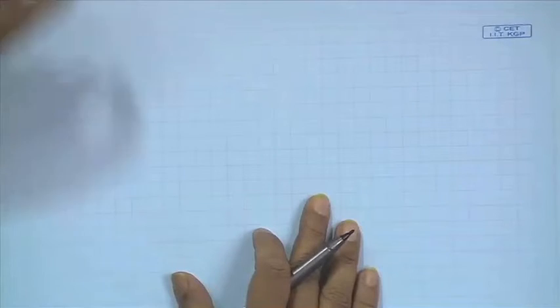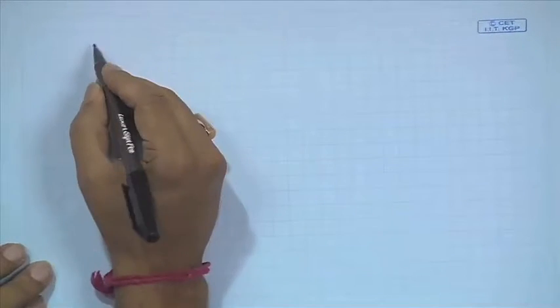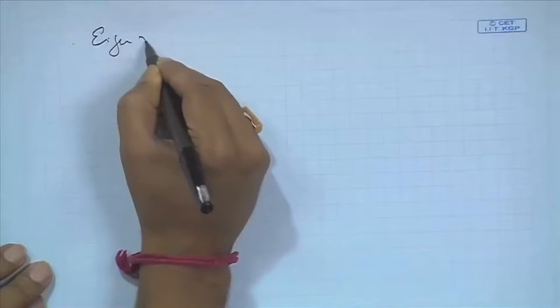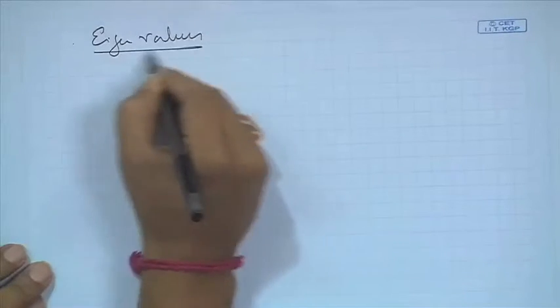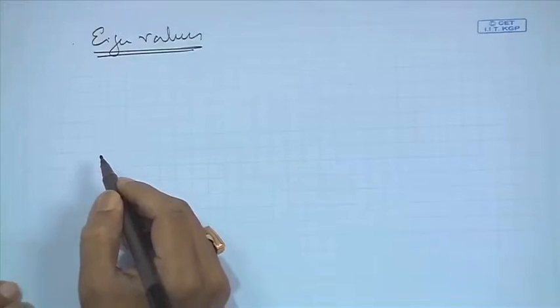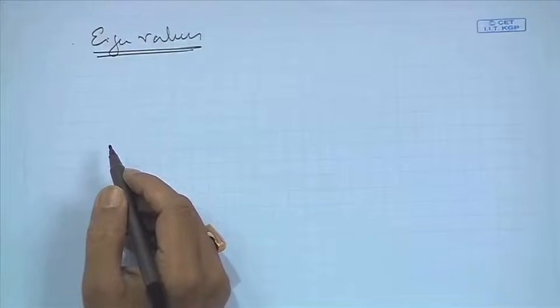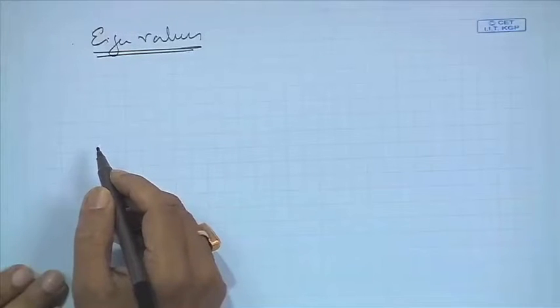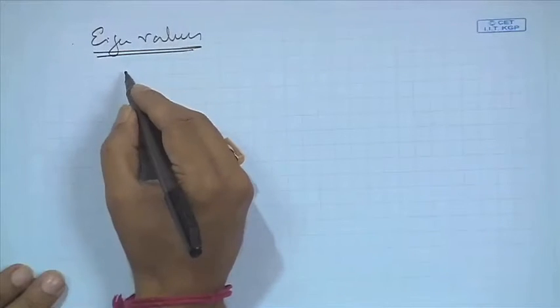Once we have studied the determinant, we can go on, and what we can see is that there are something called the eigenvalues. These are very, very important. The eigenvalue is a very special value, and we'll come back to determinants again.